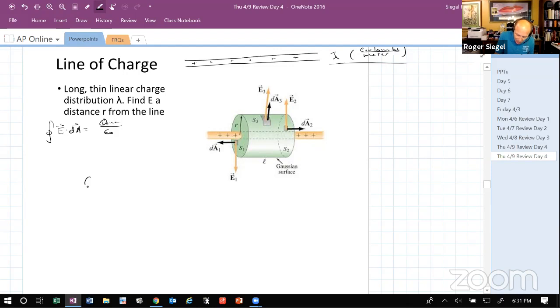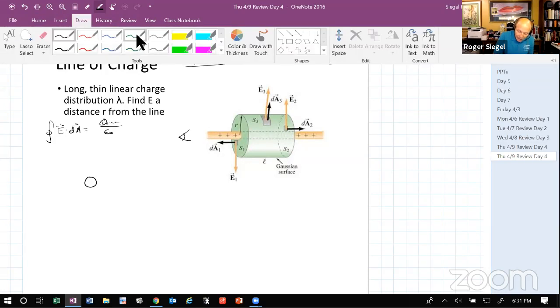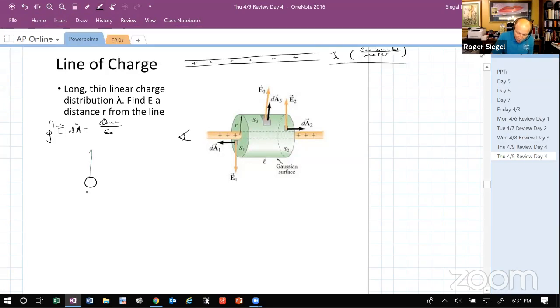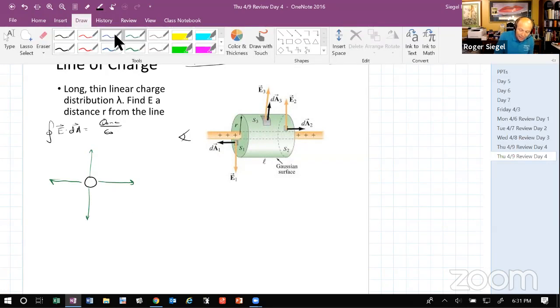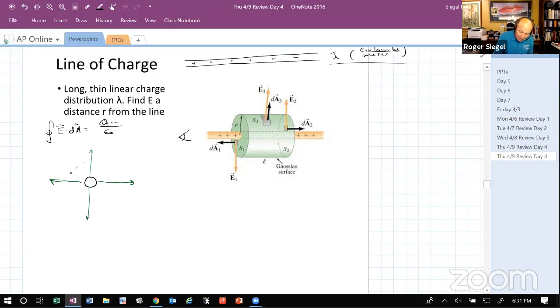So let me show you, looking from the edge here. My electric field lines are going straight out, like this. What kind of Gaussian surface would I want to create such that my area vectors are always parallel to my E field vectors?